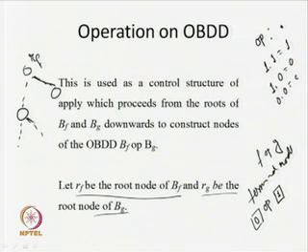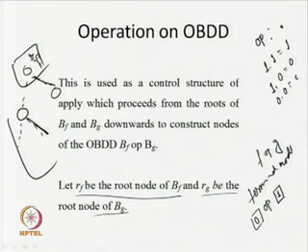I can apply it at any level. Once I take the decision over here, I have to look at these two sub BDDs. When I come to these sub BDDs, I will say that this is my root node RF. So, that is why in general I am saying let RF be the root node of BF, and RG be the root node of BG.